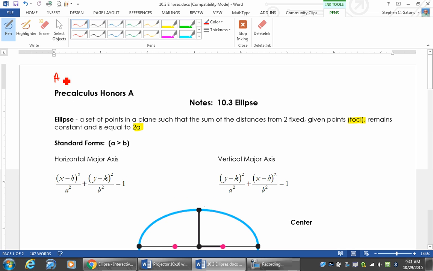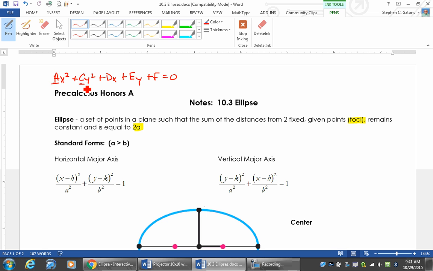So if we go back to general form of ax squared plus cy squared plus bx plus ey plus f equals 0. If a and c are equal, what kind of conic section is that? That's a circle. If one of them is equal to 0, what kind of conic section is it?